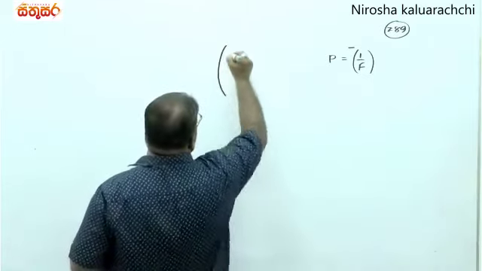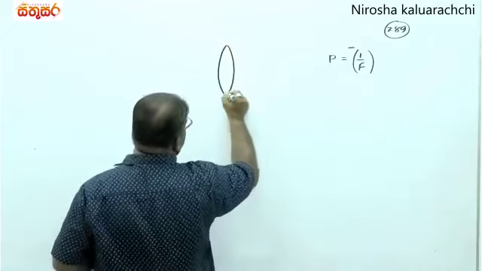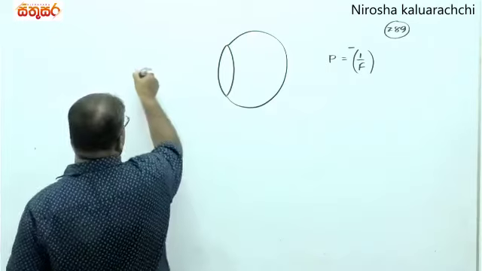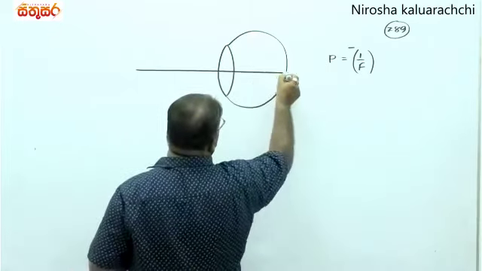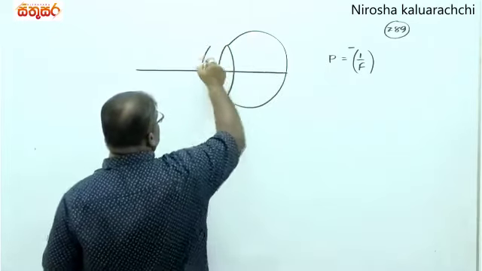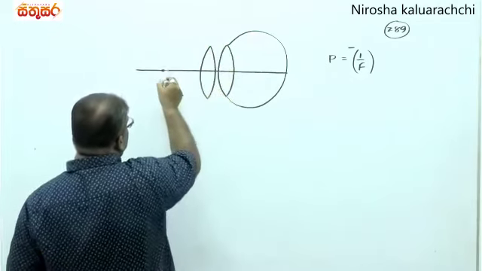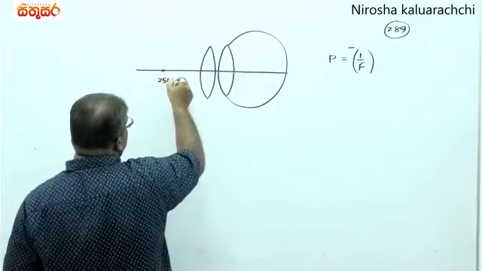This person can't see the object at 25 centimeter, but after wearing the spectacles, he is able to see the object at 25 centimeter, right? That's it.